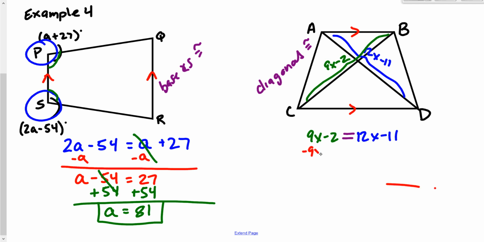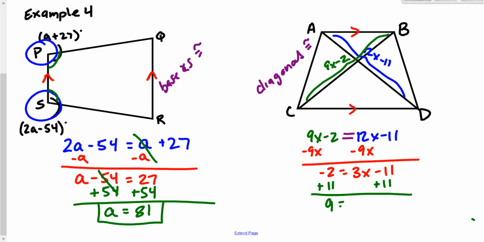I bring that minus 9x over. So you're left with negative 2 equals 3x minus 11. Add 11 to each side to get 9 is equal to 3x. Then I divide both sides by 3 to get x is equal to 3.